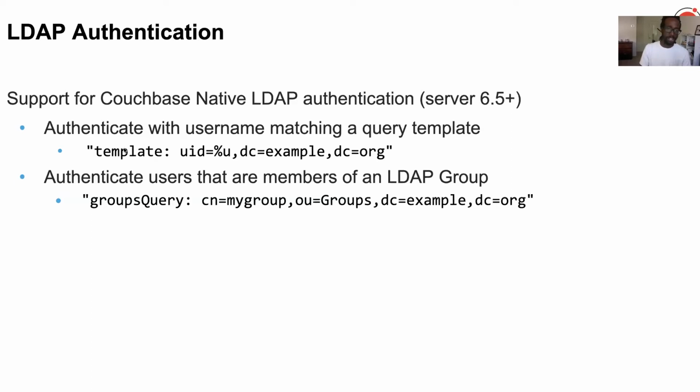There are two main ways of doing external authentication with LDAP itself. One way is to provide a template, which is a username that matches a query template. So you can imagine having a bunch of distinguished names that represent users in your LDAP server.